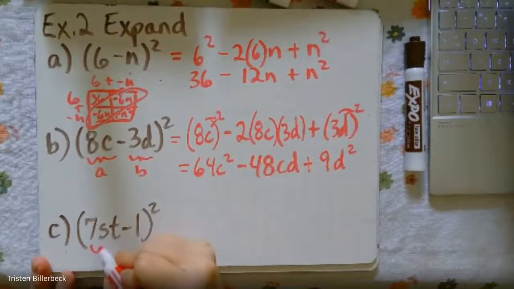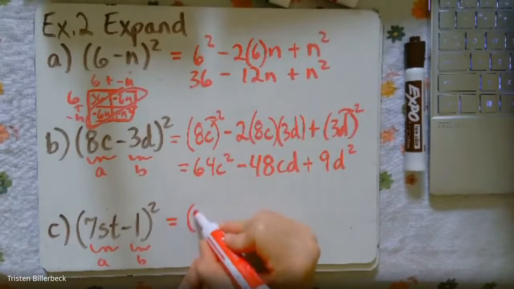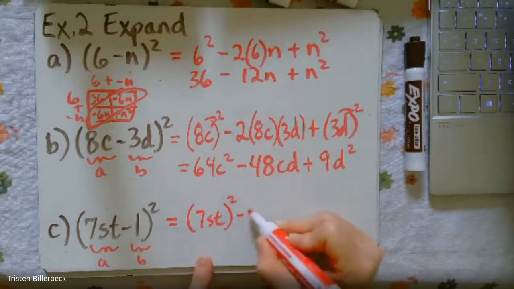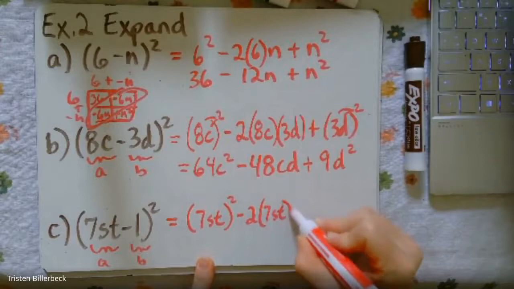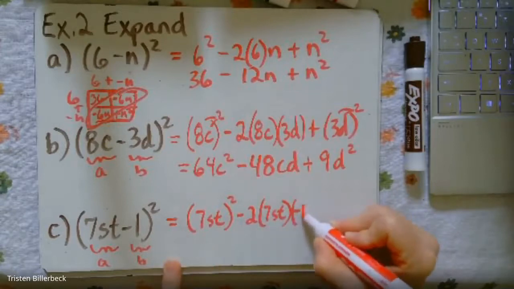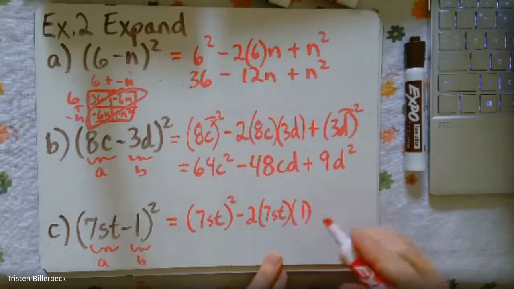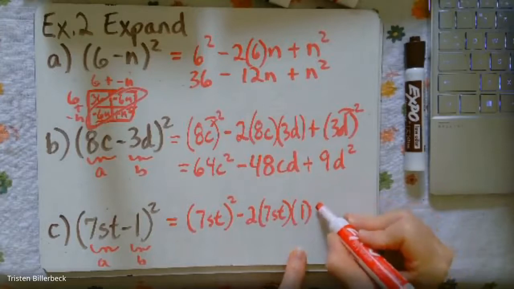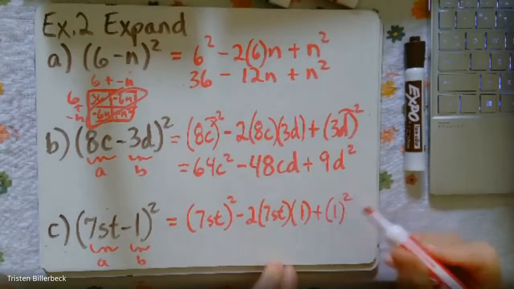All right, this last one we have A, and this one is B. So we're going to have 7st squared minus 2 times 7st, which is A, times B, which is 1. Don't forget, we already took into account that negative, so it is 1. And then plus 1 squared.